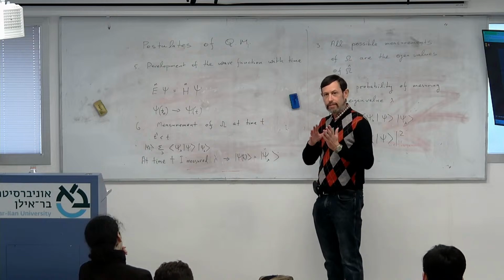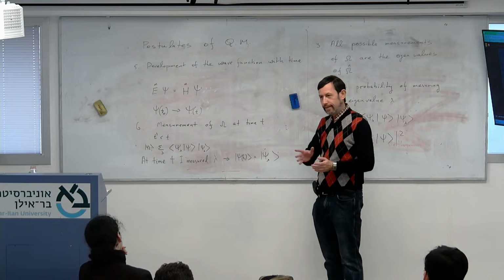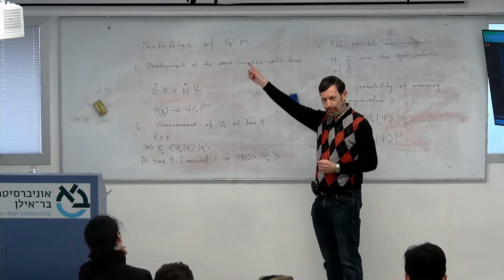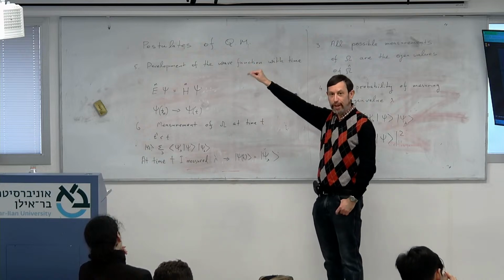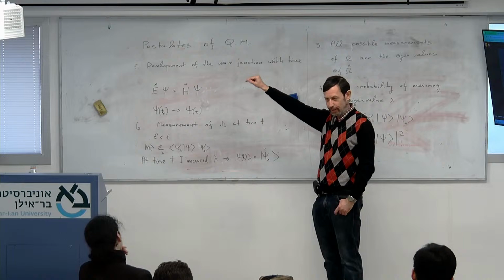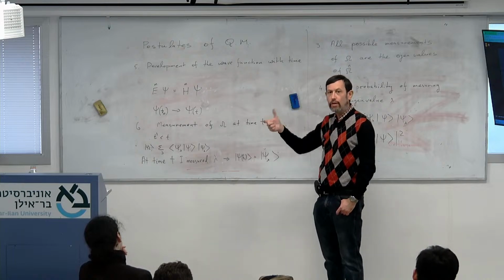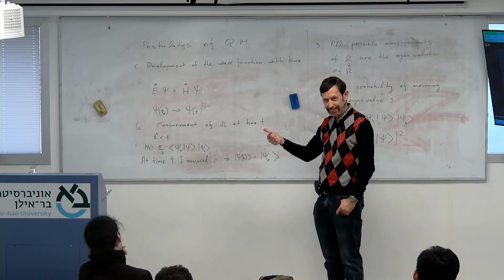I can guarantee that if someone sits on the moon, at t plus epsilon, he won't measure the particle there. How long is that epsilon?